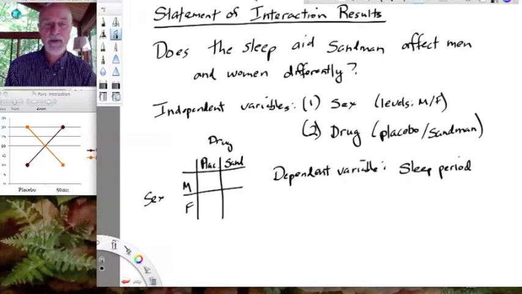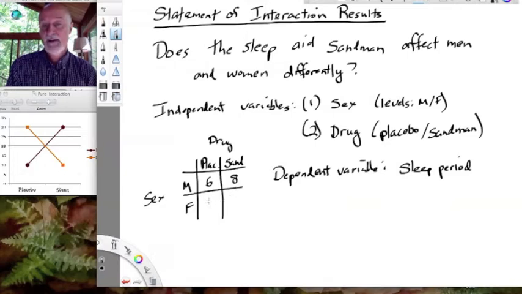Okay, so we have our dependent variable, our independent variables, and if we think about our question, does the sleep aid Sandman, does going from placebo to Sandman differ as a function of sex? In other words, if we were to fill in numbers here, can we just say that, you know, we're going from 6 to say 8 hours of sleep with Sandman?